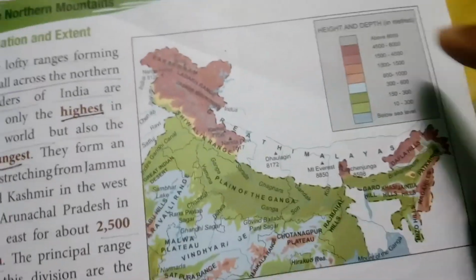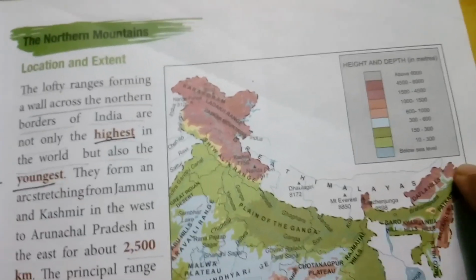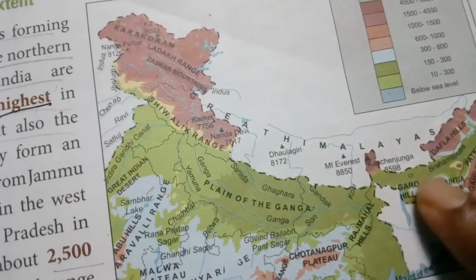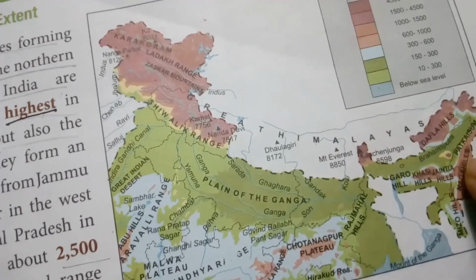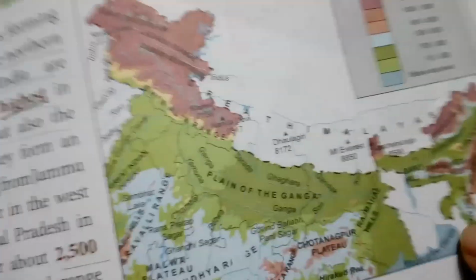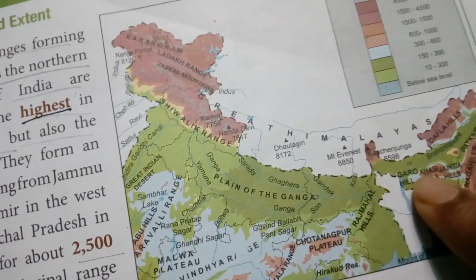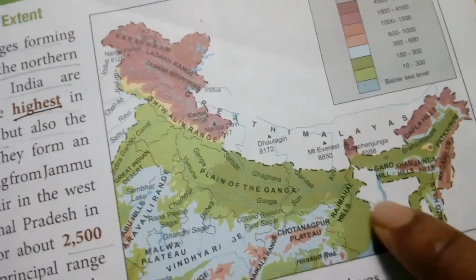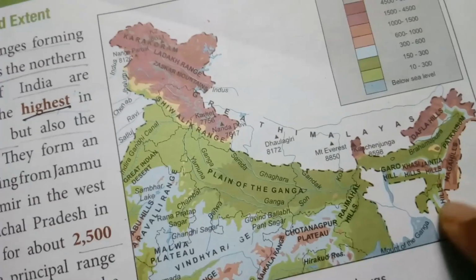Here are the Khasi, Garo, Jantia, Naga hills and Mizo hills. All are in the east, and these hills are called Purvanchal.